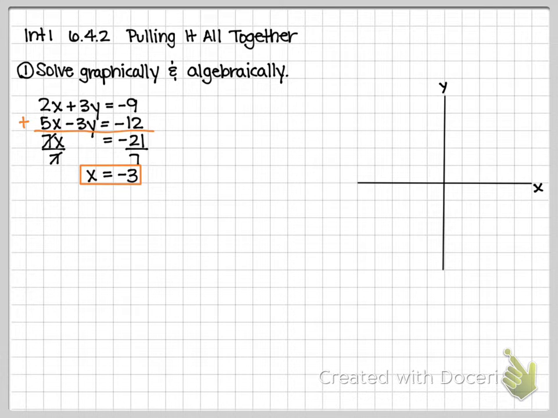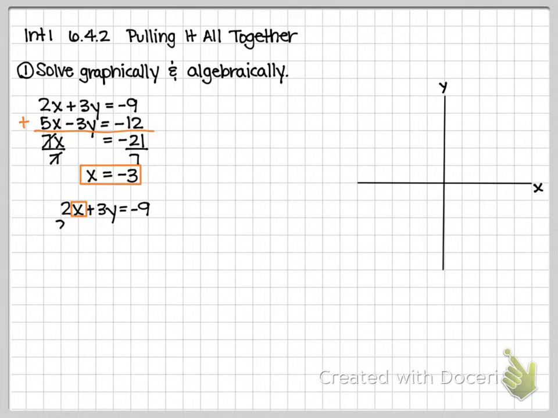So let's go back to the original equations. Choose the one that you prefer. I think I'm going to go with the first one, only because the majority of the numbers are smaller. So I'll write down that equation. 2x plus 3y equals negative 9. Remember that I solved for x, so make sure that you plug it in for x.